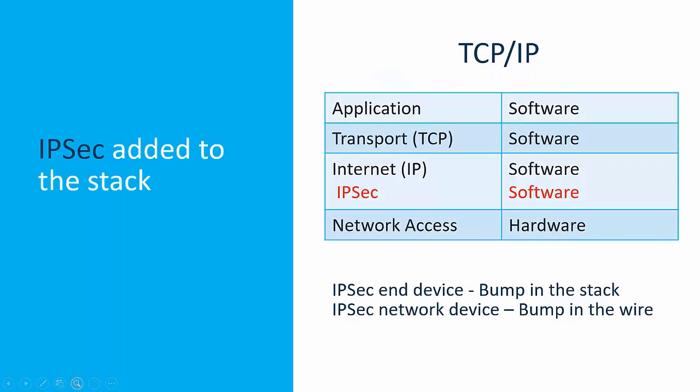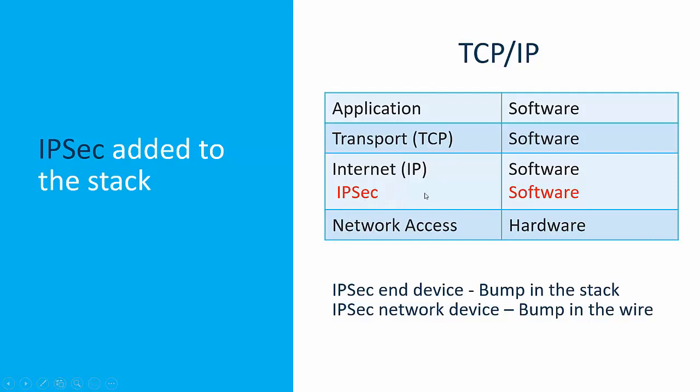IPsec can be implemented in the kernel of the operating system, or it could be added to the stack. This is more typical. You have the application layer, which is in software, the transport layer, where we have TCP and UDP, that's in software, and the internet layer, or IP layer, which also exists in software.